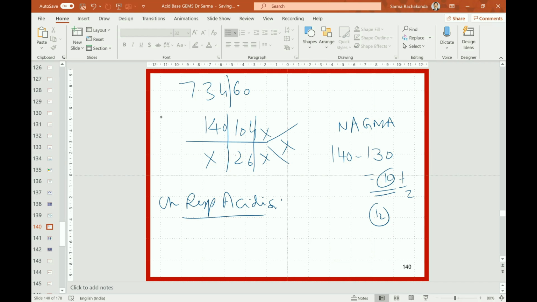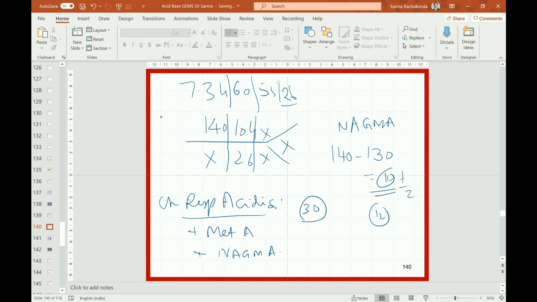The bicarbonate should have been 30, but it was only 26. That means the bicarbonate is pulled down, so there is associated metabolic acidosis. Then we didn't know what it was, so we did the anion gap. So it's a non-anion gap metabolic acidosis.